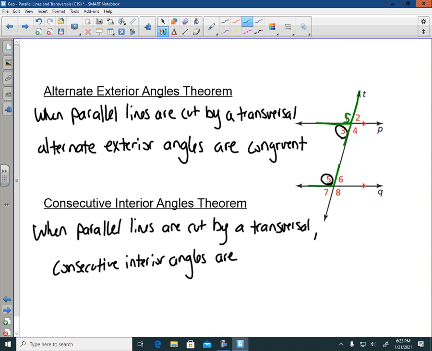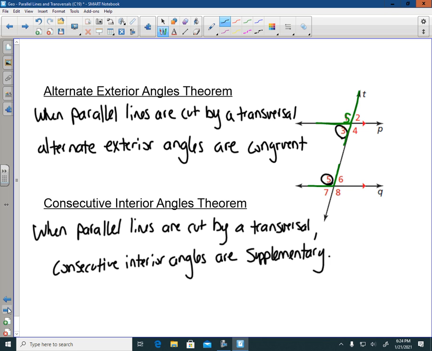And now we can just take the measure of 5 and lay it on top of 1 and see that they make a linear pair, don't they? 1 and 3 make a linear pair. 5 and 3 make not so much a linear pair, but what we know about linear pairs is that they are supplementary.